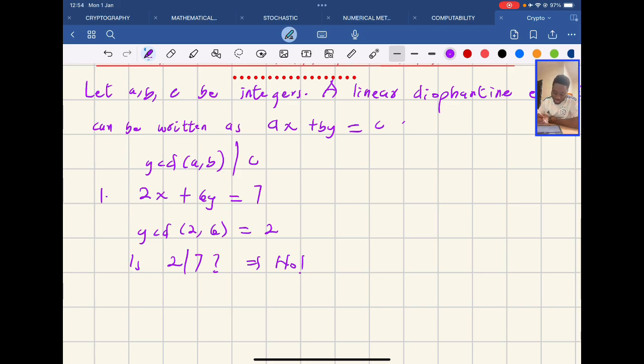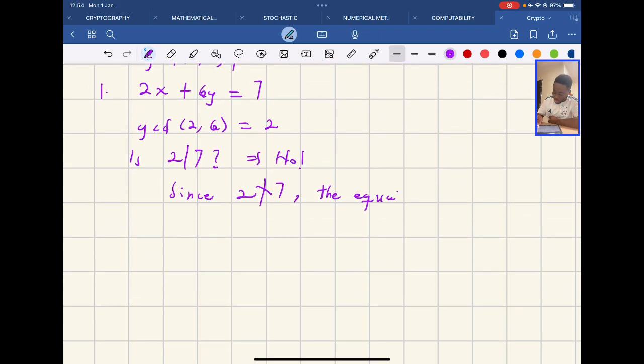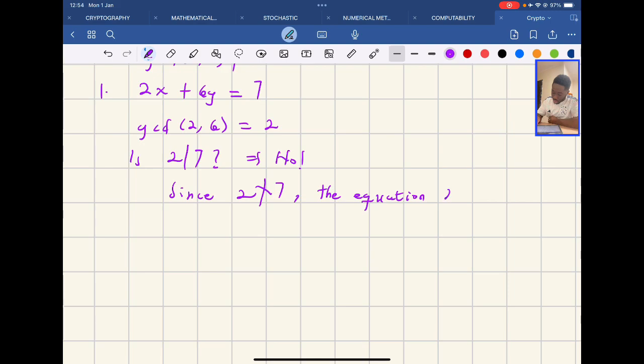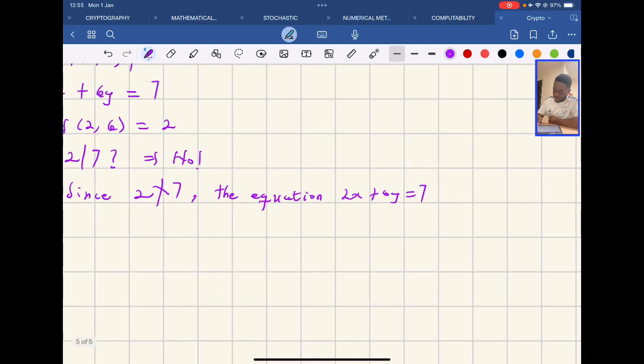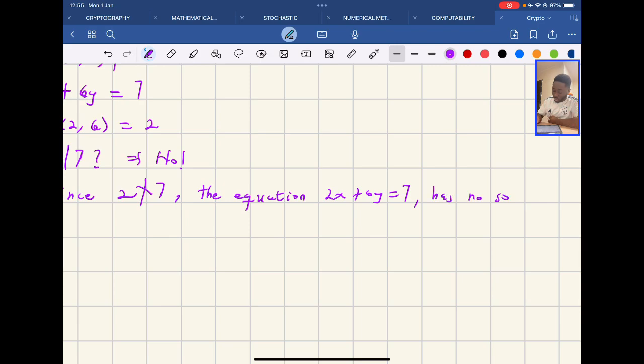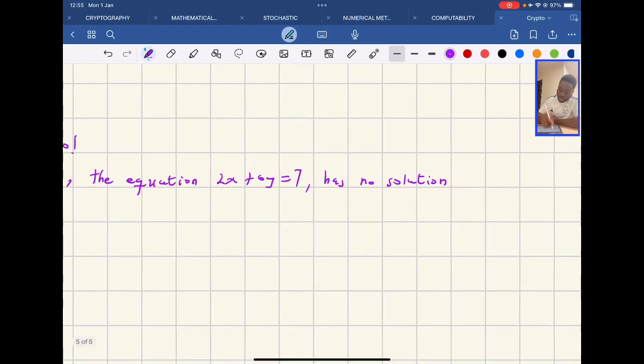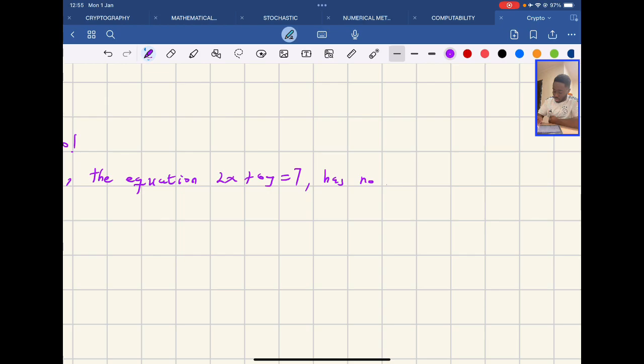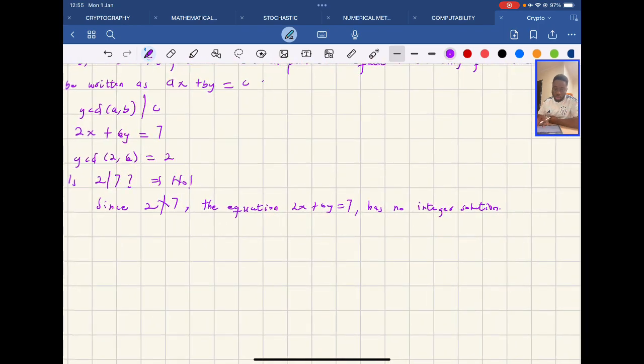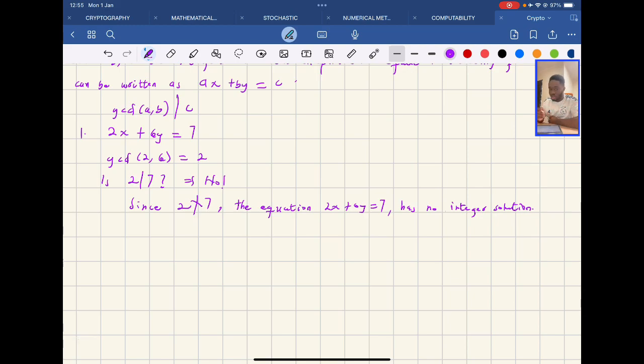Since 2 is not a divisor of 7, the equation 2x plus 6y is equal to 7 has no integer solution.